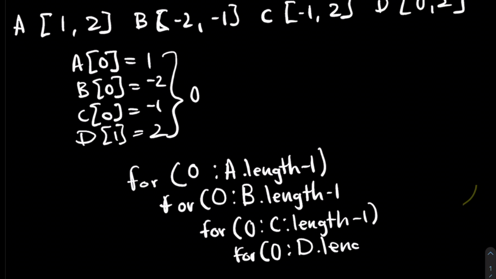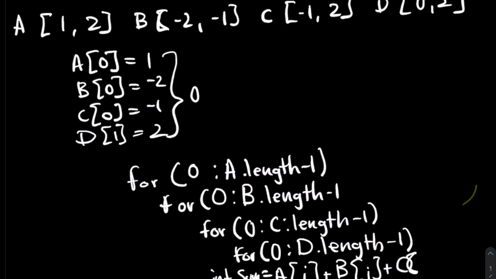So basically what this is saying here is that I'm going to loop through every single one of these, and I'm going to go through them and add. So let's call this int sum, which is going to be equal to A of I plus B of J plus C of, let's just call it M, plus D of K. Right?